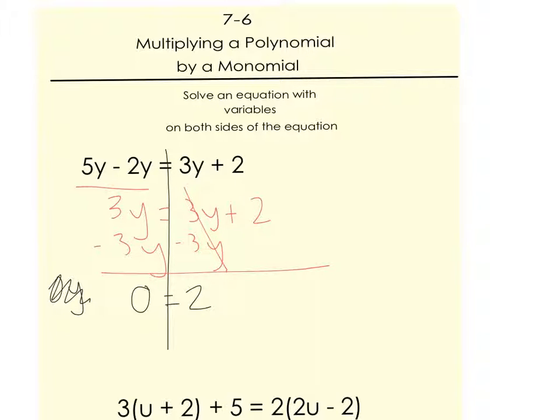It cannot equal 2. So this is actually a special case problem where if your number on your left-hand side is not equal to the number on the right-hand side and you have no more variables left, this would be no solution, or as I like to write, 0 with a line through it. No solution.